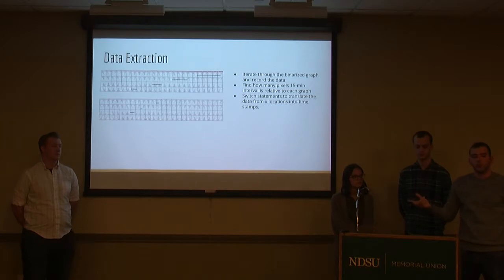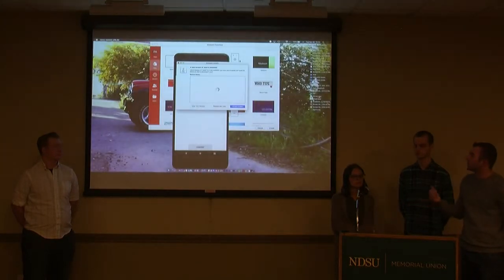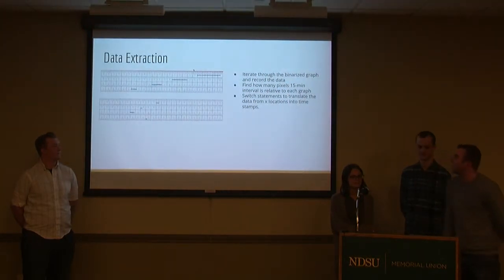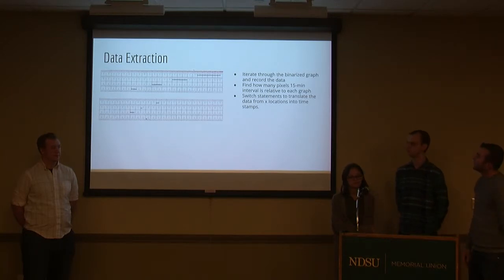Even with the red removal, we still have some small dots that just happen to be there. But yeah, I extensively tried to find what the 15-minute interval is, and this varies when I was testing it on the graph that's taken, and hopefully with our dynamic scaling, it's always going to be the same.